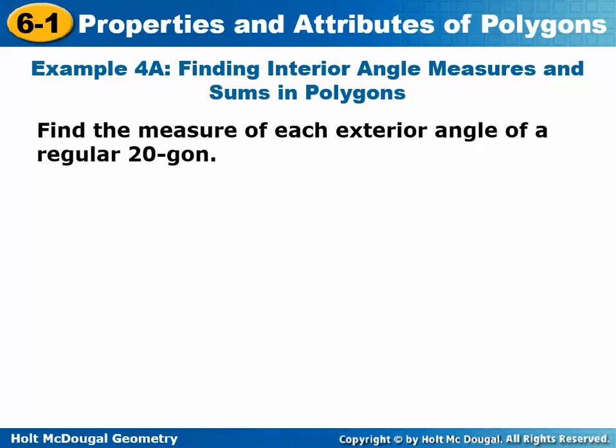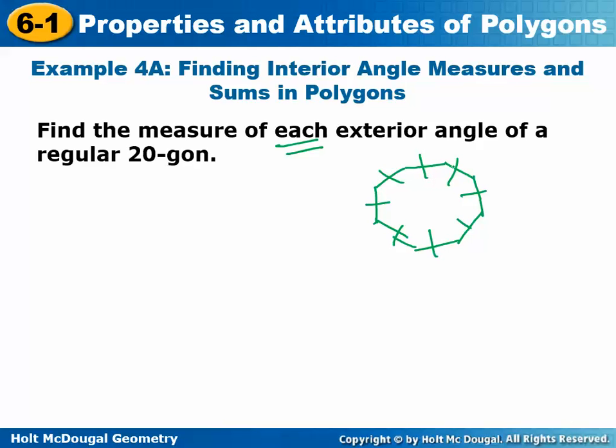All right, so if we have a regular 20-gon, they want us to find each exterior angle. Let's start with something easier. Pretend that this is regular anyway. This would be a 1, 2, 3, 4, 5, 6, 7, 8 regular octagon.